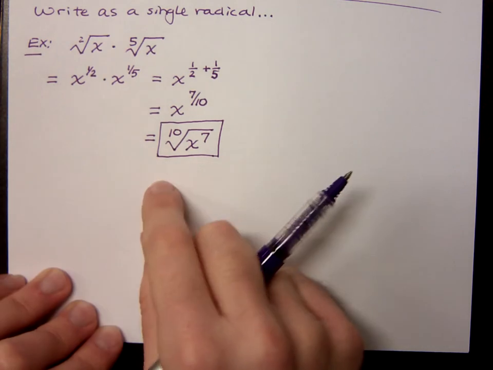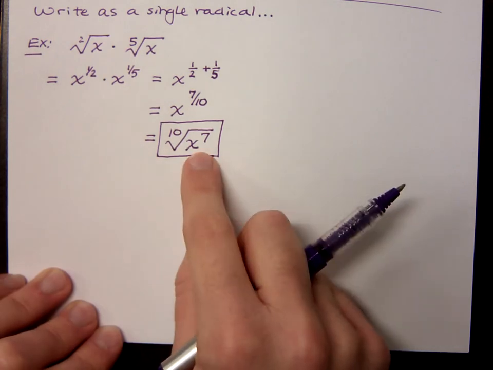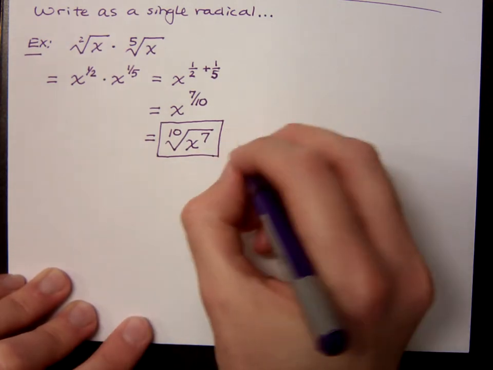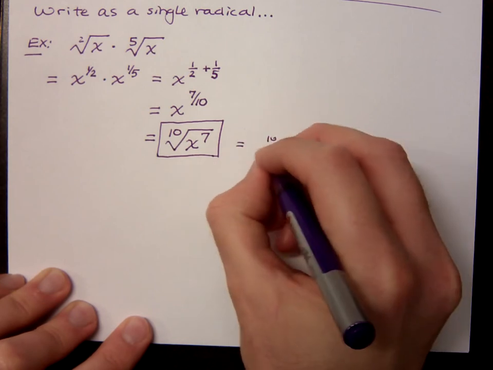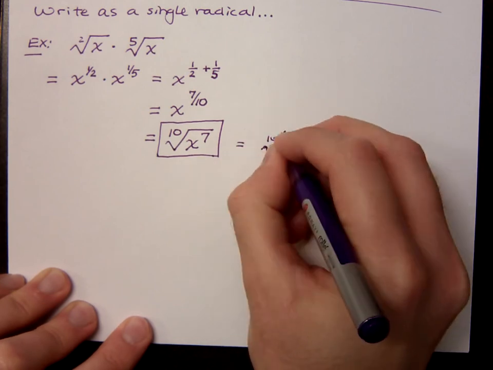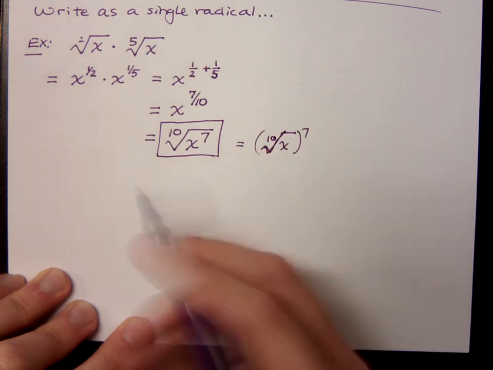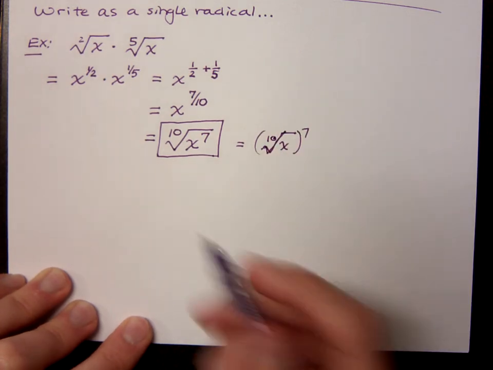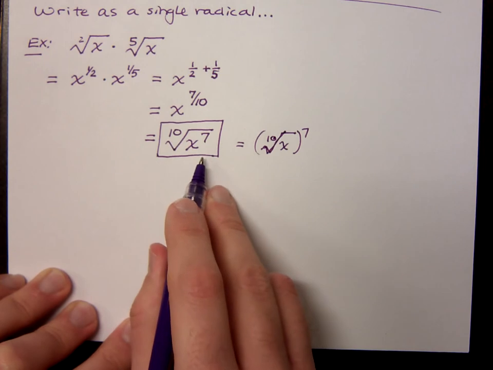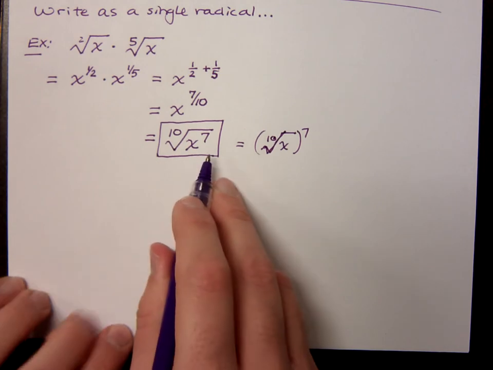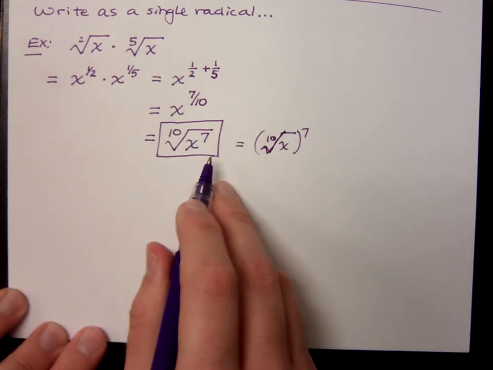For writing as a single radical, this is how I want it to be written. I mean, this is the same thing as saying the 10th root of x to the 7th. That's the same thing, but it just looks neater to write it this way. So that's how we want to write it. Okay.